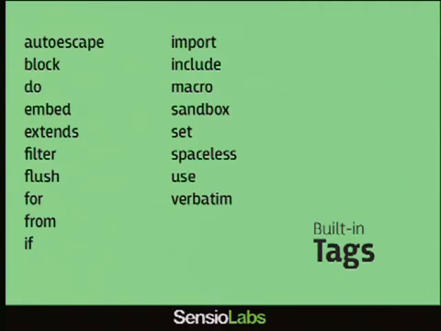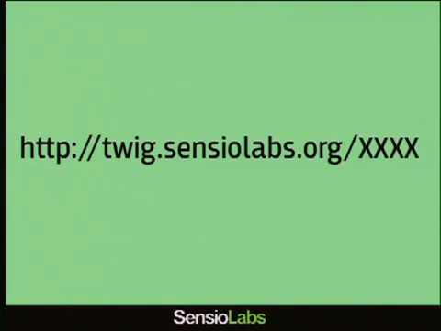And here are all the built-in tags we have in TWIG. And we are going to talk about a few of them in a minute. And again, if you want to get more information about a tag or a test or a filter, whatever, you can go to twig.sensiolabs.org/the tag name, the filter name, the operator name, the test name, and you will be redirected to the documentation page.